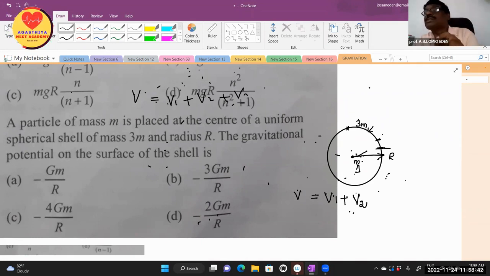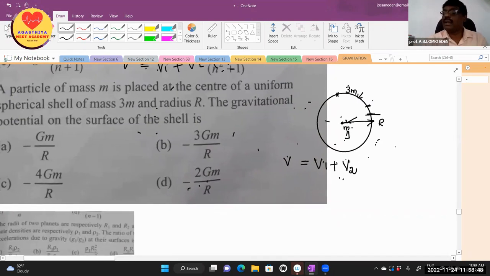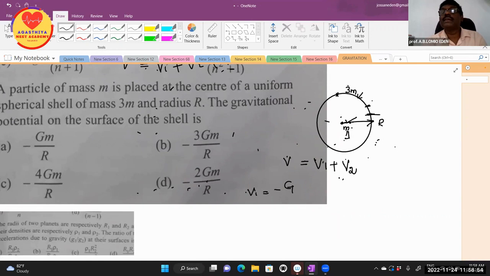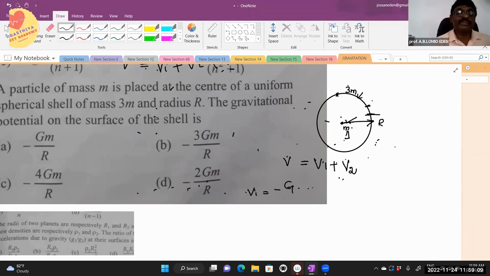V2 is the gravitational potential of the spherical shell with respect to the center of mass. Now substitute the values in the formula. V1 is minus capital G, m here, 3m. First one, m. I'm talking about a small m.